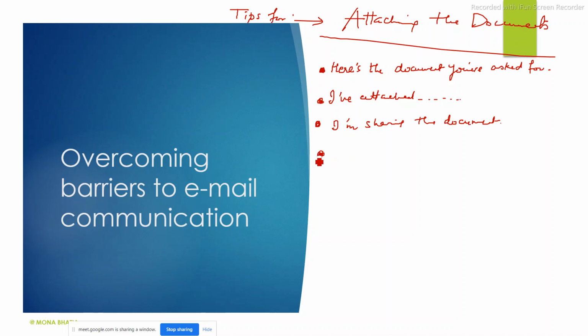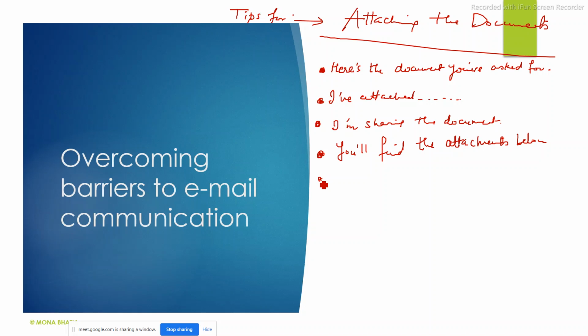Okay. Now एक और तरीका है. You can say, "You will find the attachments below." ठीक है, ये एक तरीका हो गया.